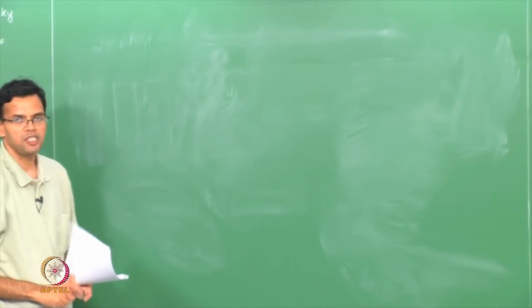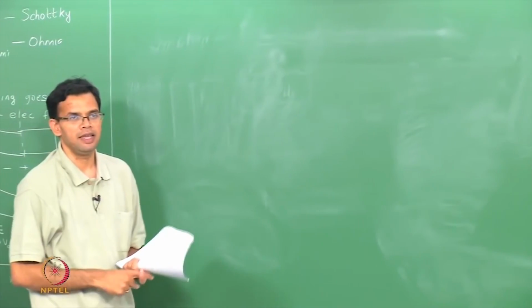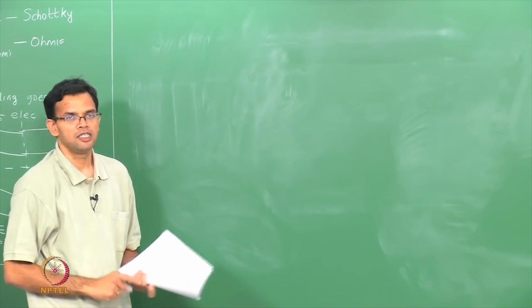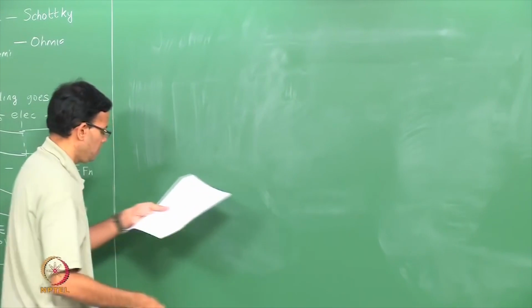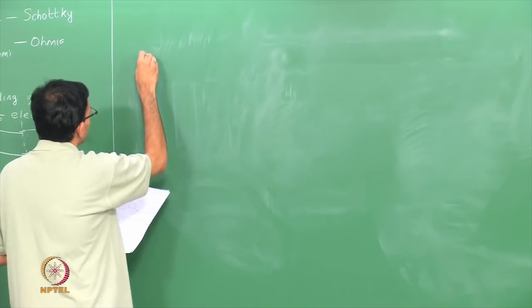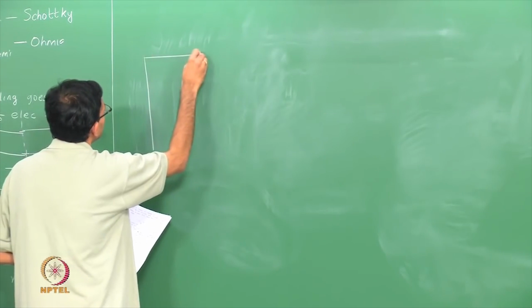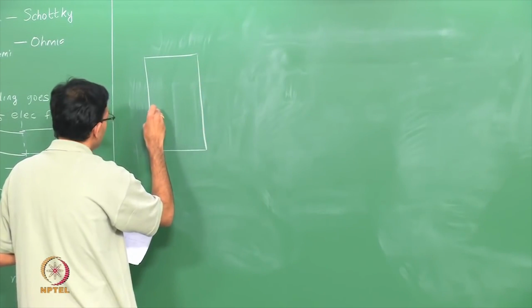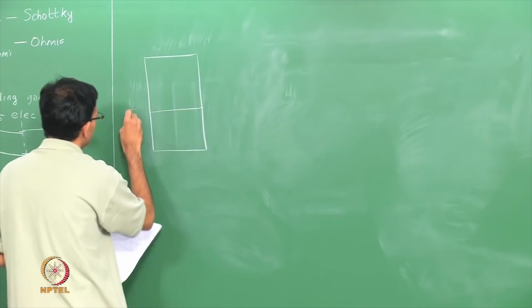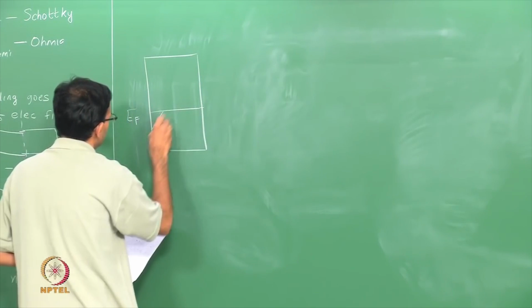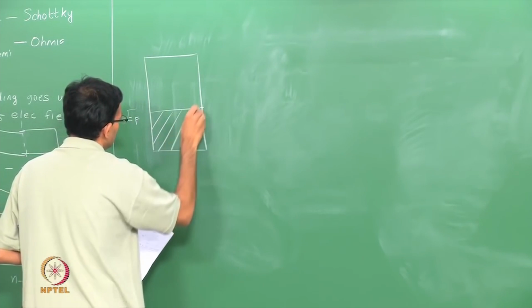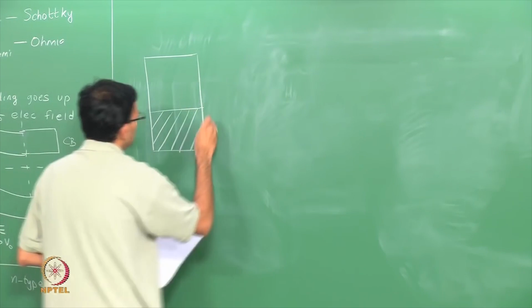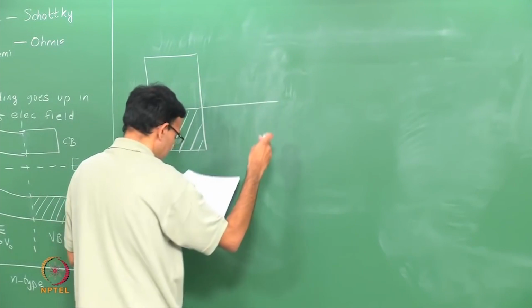So, we have formed the junction between the metal and the n-type semiconductor. The junction is at equilibrium. So, let me just redraw that figure. So, this is the metal side, and at equilibrium your Fermi levels line up.